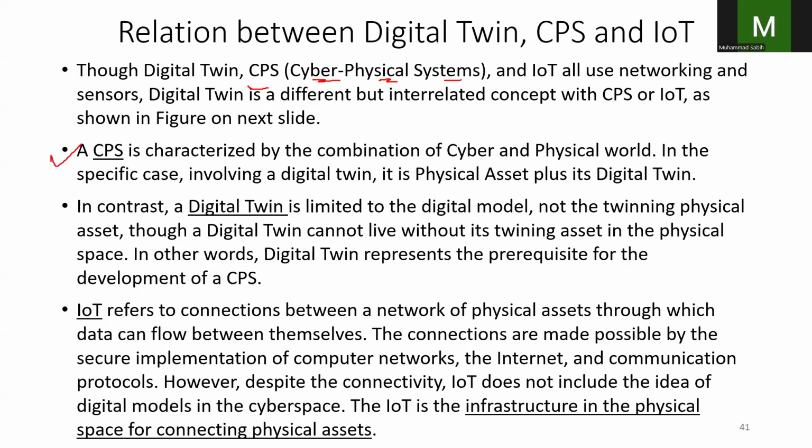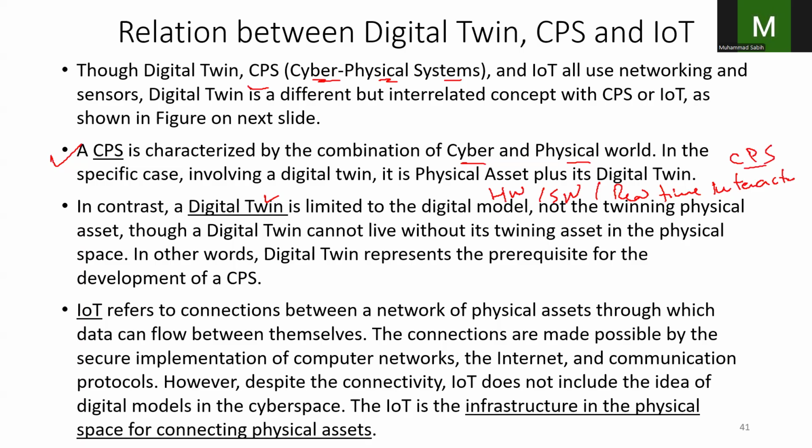It's a fusion of the cyber world and the physical world, and it includes the physical assets, the digital twin, and the control feedback loop. So when we say CPS, cyber-physical system, we mean the complete system. It contains the hardware and the software, all of it, and the real-time interaction.